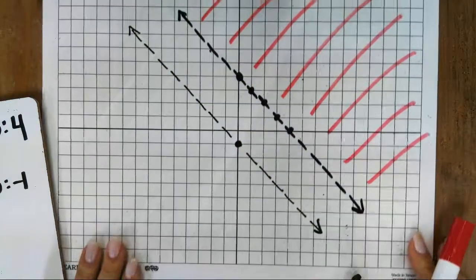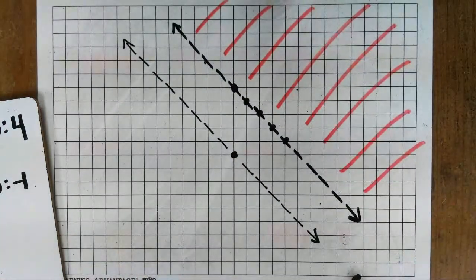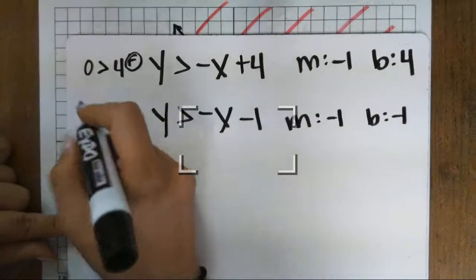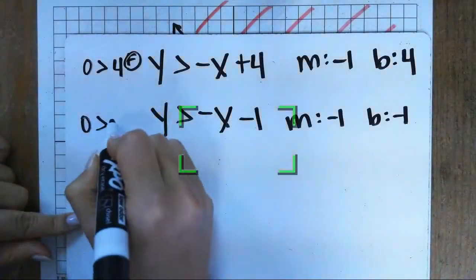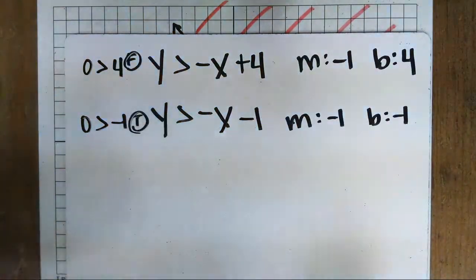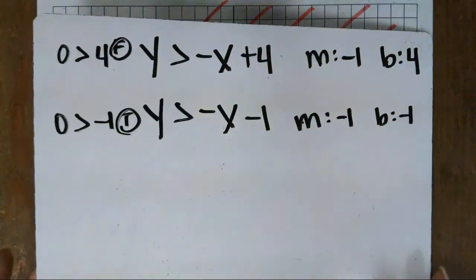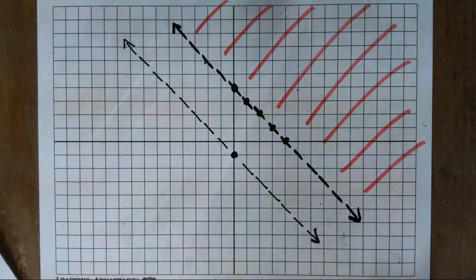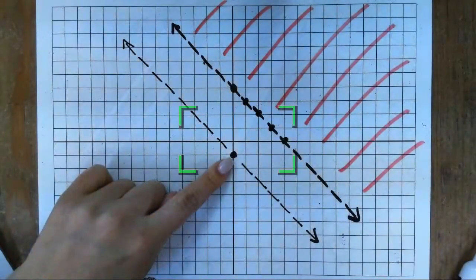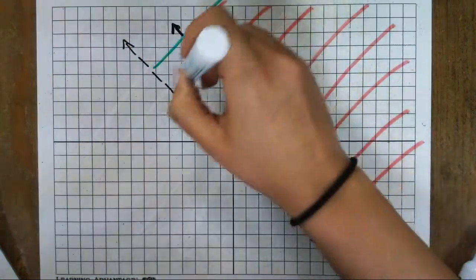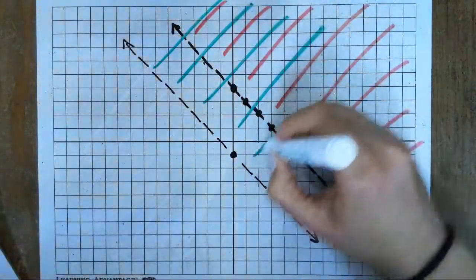Okay? And now my bottom line, I end up getting 0 is greater than negative 1, and that's true. So I'm going to shade in the direction of 0, 0. Okay, so my bottom line is here, and I'm shading in the direction of 0, 0, so I'm shading upwards also.